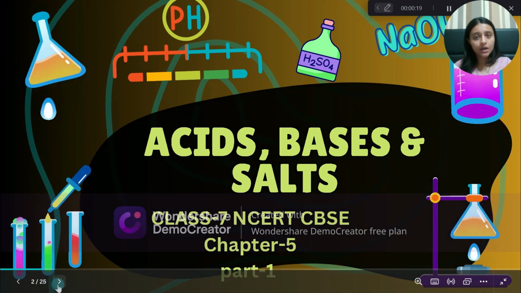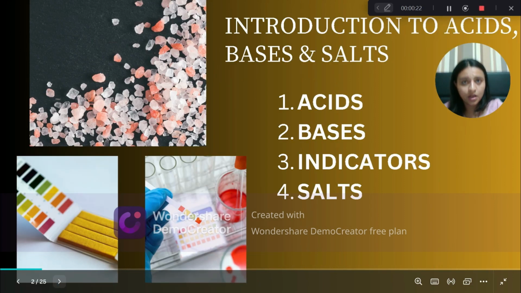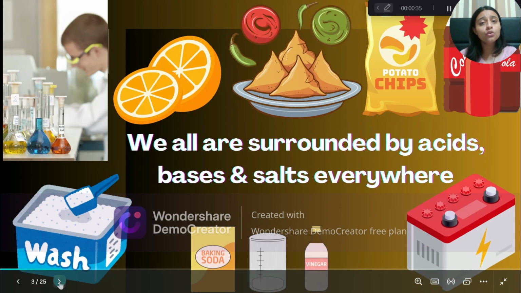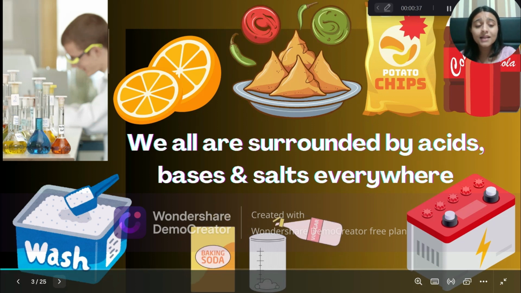Alright, first we will learn what we are going to study in this chapter. We are going to study about acids, bases, salts and the indicators, the natural indicators and the artificial ones. Students, do you know acids, bases and salts constitute the fundamental components of our everyday surroundings, including the laboratory: the organic acids which we consume, the strong acids, the weak acids, the food we eat constitutes a salt, the detergent and soaps we use constitute the bases.